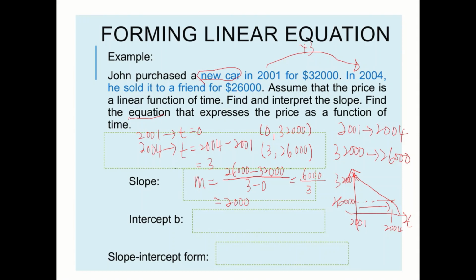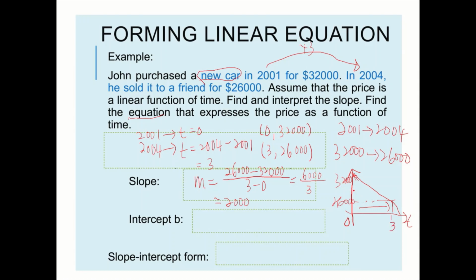Now we have the m, we are going to find the intercept b. So what is the y-intercept? If we start with 2001 as 0, the year 2004 will be 3.